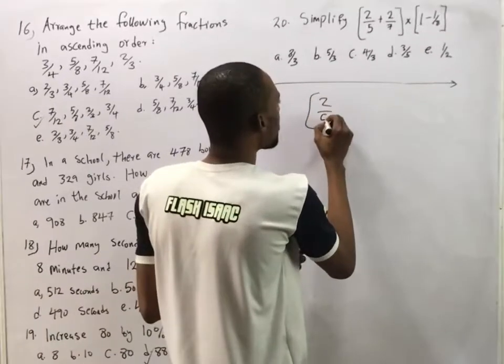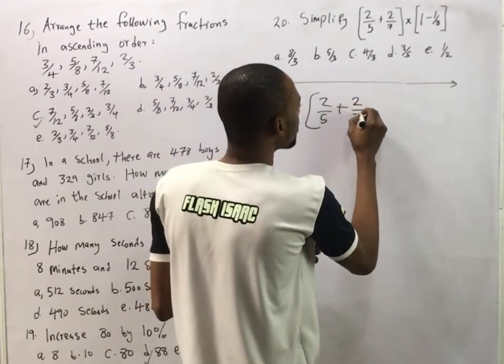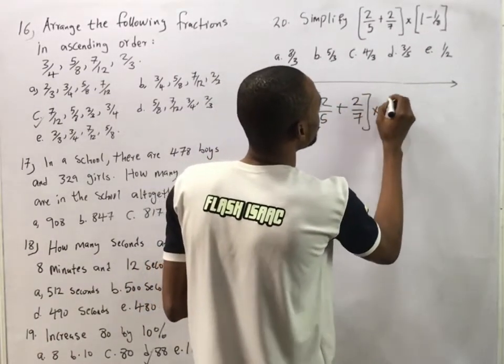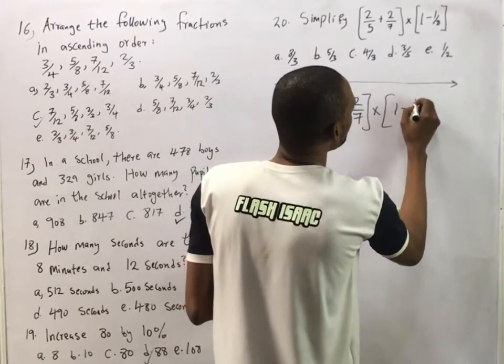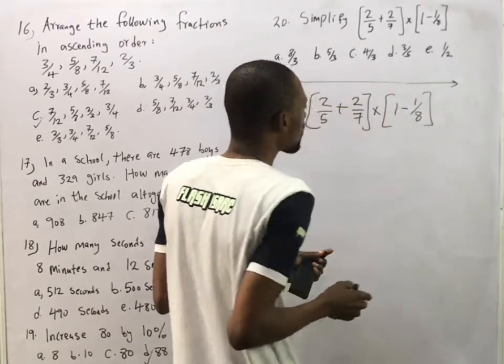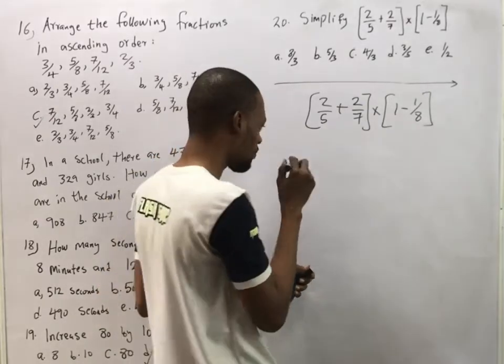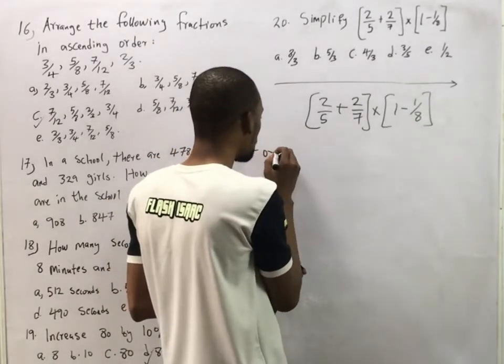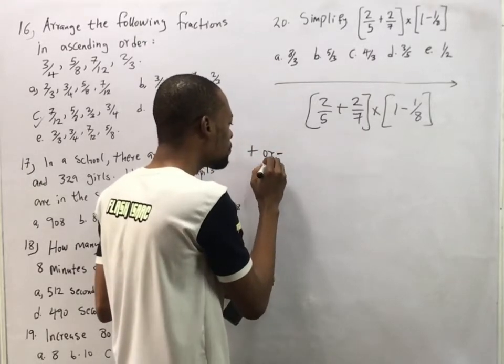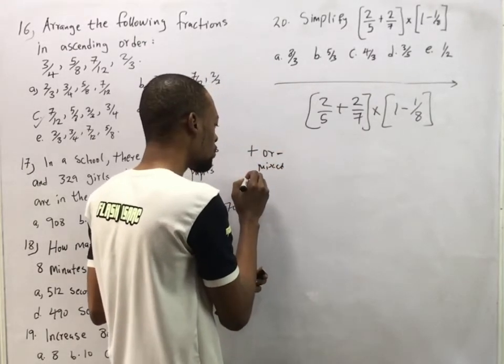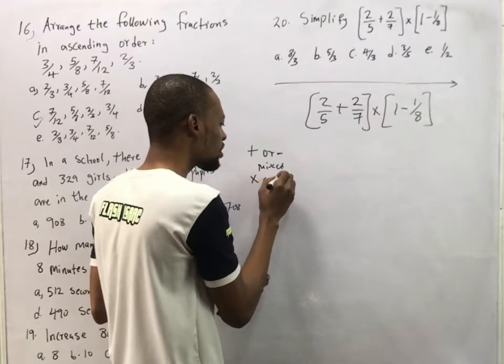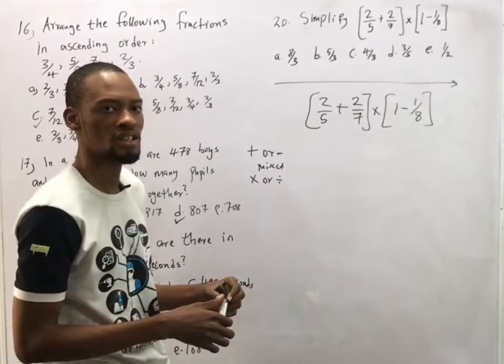2 over 5 plus 2 over 7 times 1 minus 1 over 8. In any question in mathematics, anytime you see addition or subtraction mixed with multiplication or division, you use BODMAS.